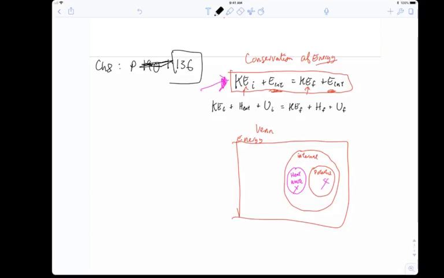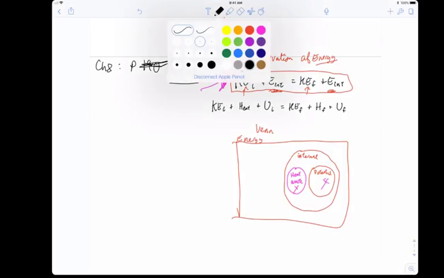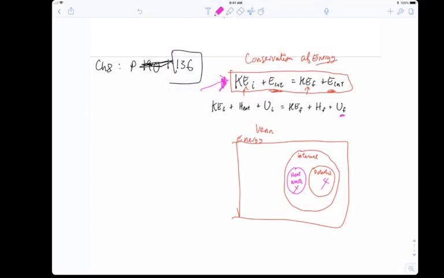Okay? U is the standard way to write potential energy. So in this case, the kinetic energies you can calculate or are given to you. The potential energy is something you can calculate or is given to you. And so you can use the conservation of energy to figure out how much heat has been generated.